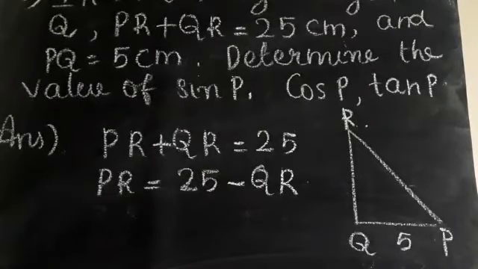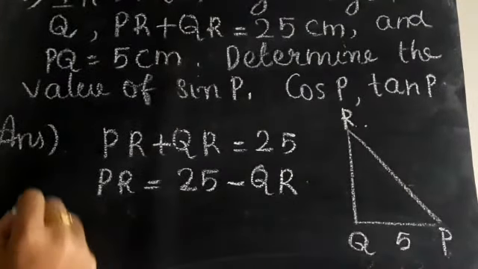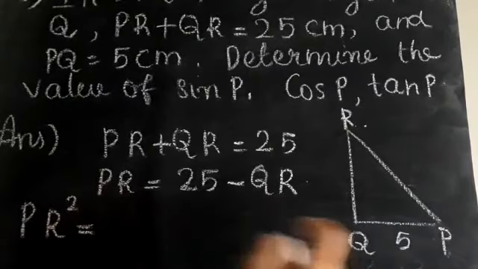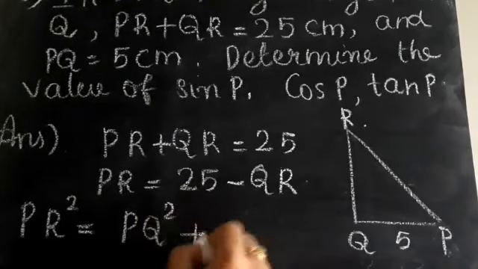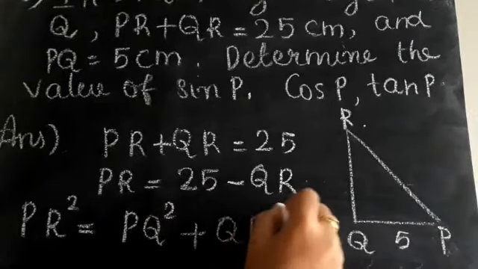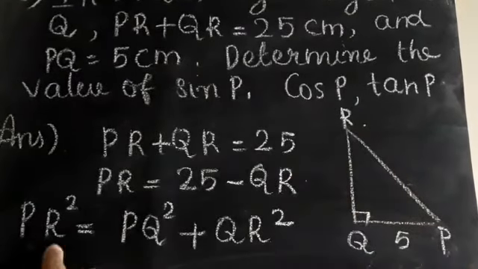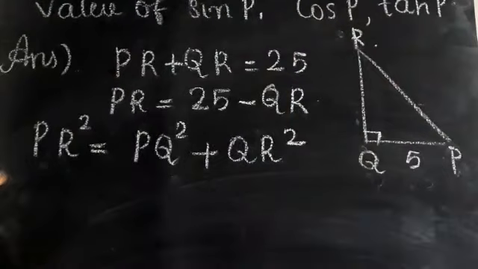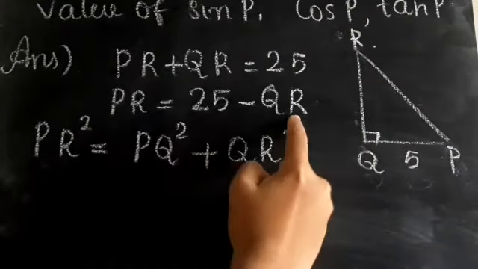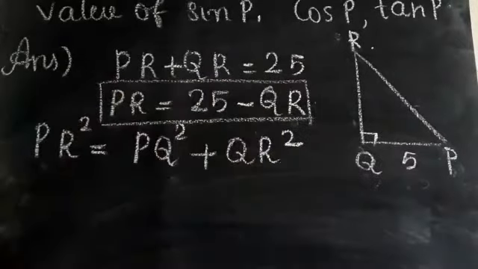Now we can apply the Pythagoras theorem. By Pythagoras theorem, PR square is equal to PQ square plus QR square. But we know that PR is 25 minus QR.